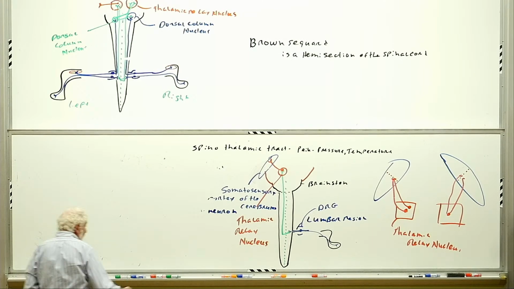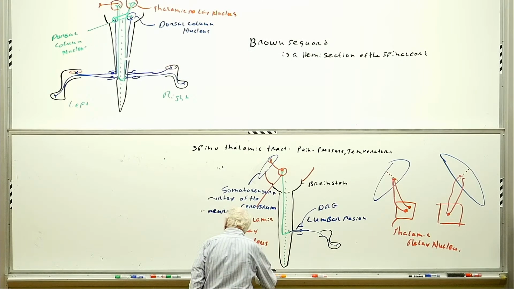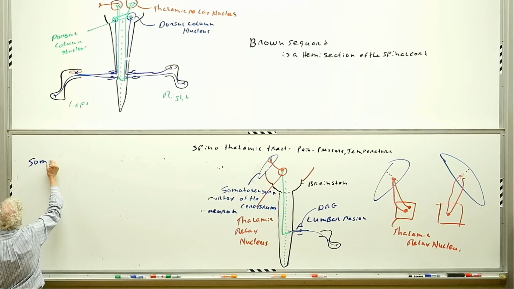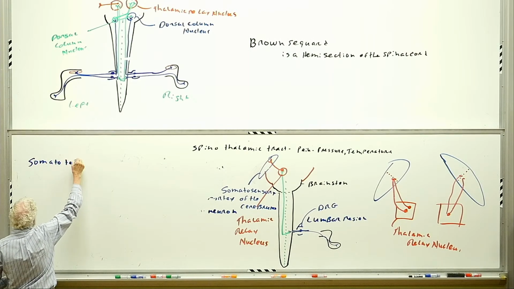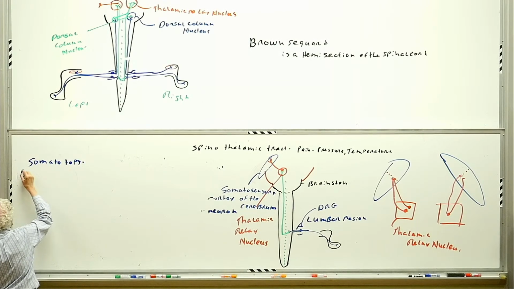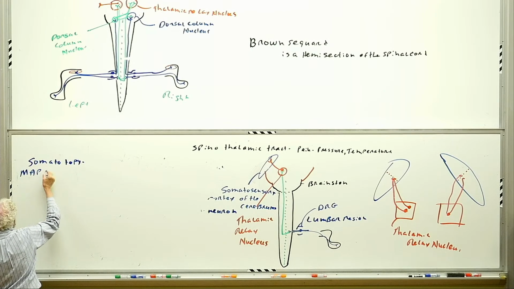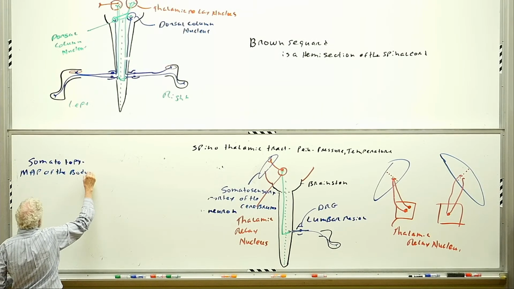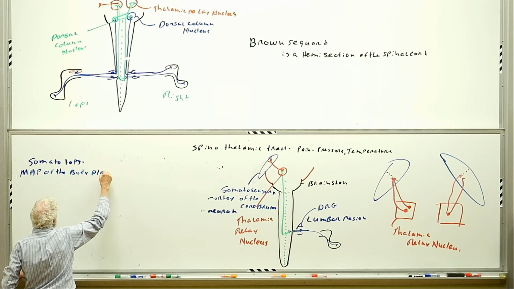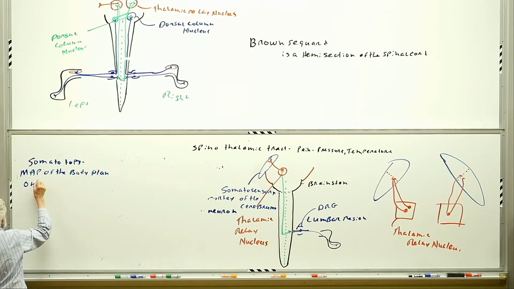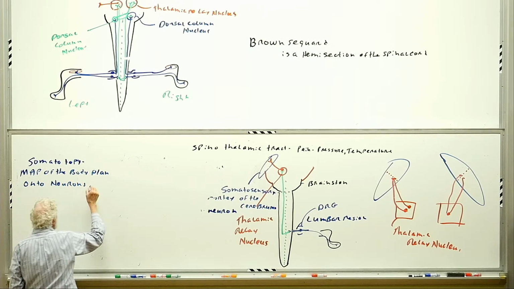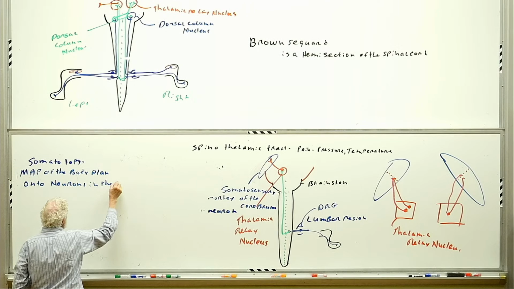So we'll spell that out and say that somatotopy is defined as the map of the body plan onto neurons in the cortex.